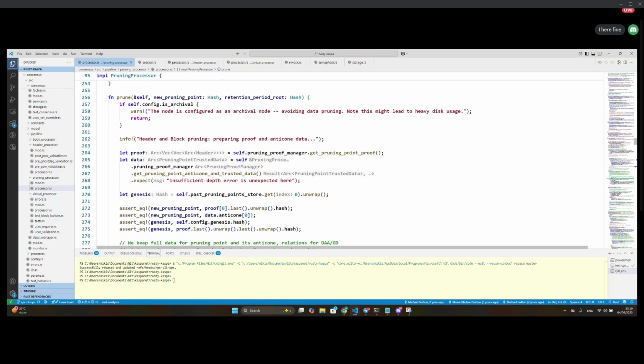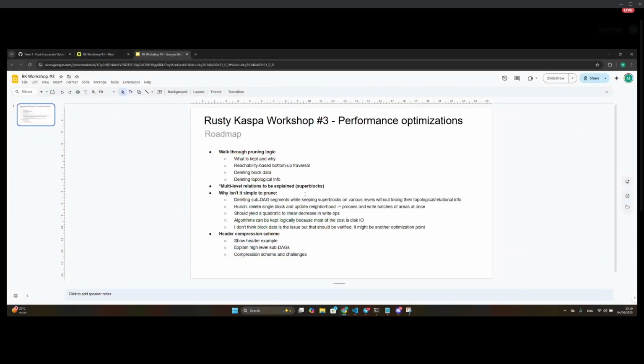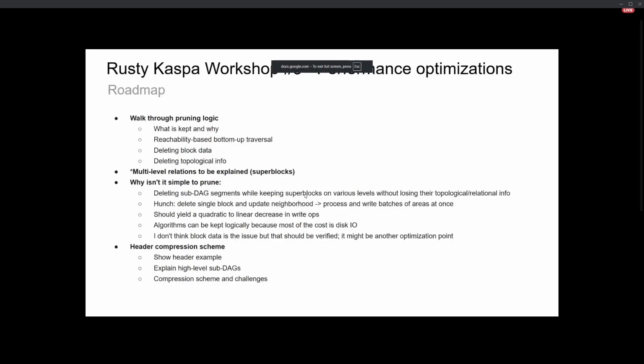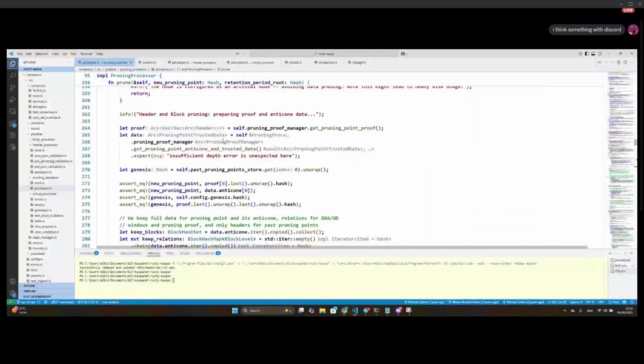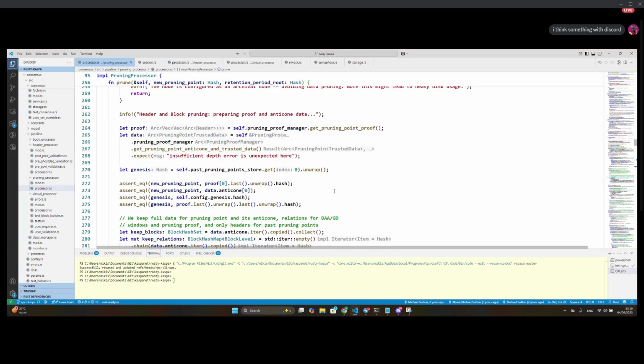So prune, essentially, what we do at the beginning is, like I described here: what is kept and why? There are two major things we keep. The first one is the proof blocks.